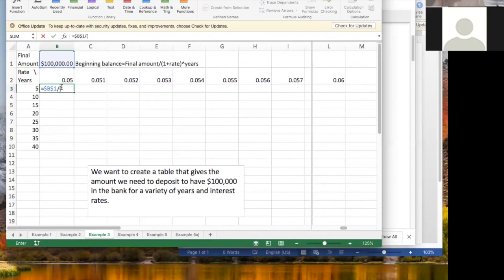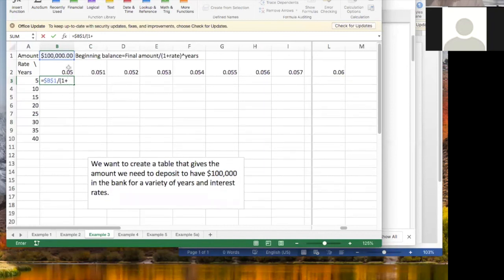divided by, parentheses, 1 plus, now my rate is right here in B2, but I'm going to drag that across. And when I drag it across, I want B to change to C and C to change to D. But when I drag it down, I want the 2 to remain the same. So I'm going to have B$2, close parentheses. I'm raising it to a power.